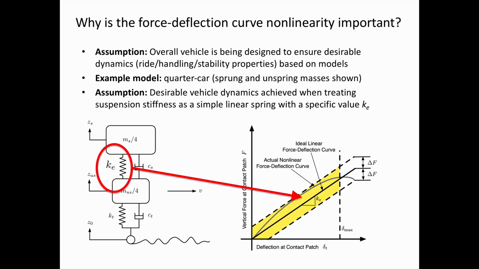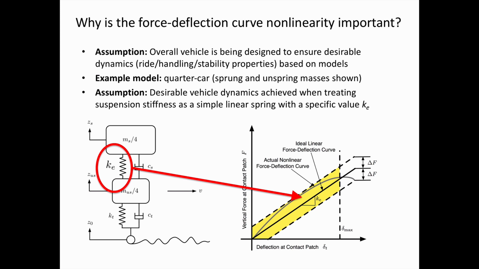And to make sure that we approximate this line, we're drawing upper and lower bounds above and below it. The way we are defining this problem is that we want to design a suspension system such that its force deflection curve stays within this yellow window.